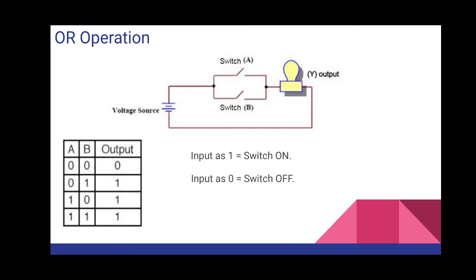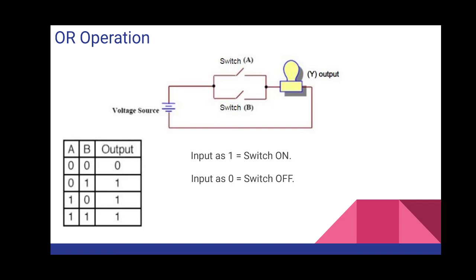Now come to the next condition. When A is 0 and B is 1, so the upper switch, that is A, it is open only. Okay, it is not on. But now in the condition second, B is 1, that means the B will be now switched on. So now observe the current flow. The battery is on, current will start flowing.